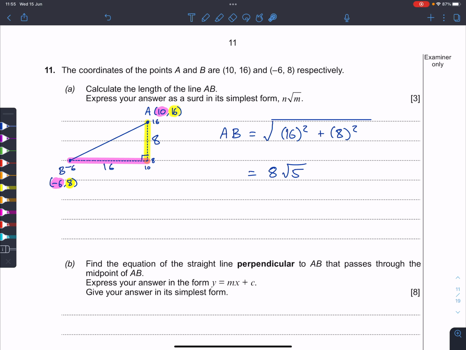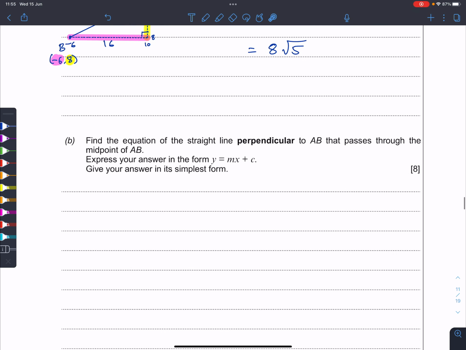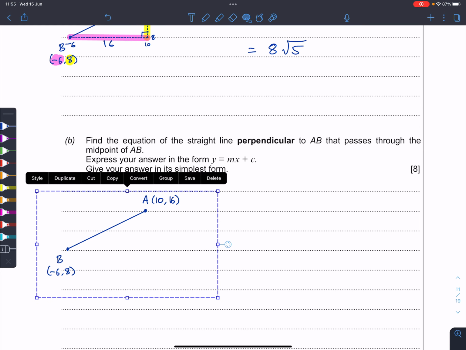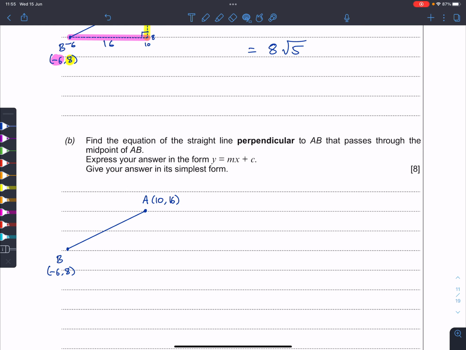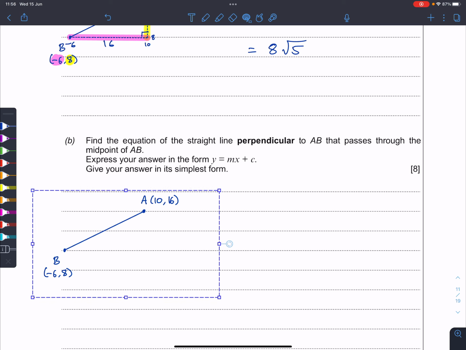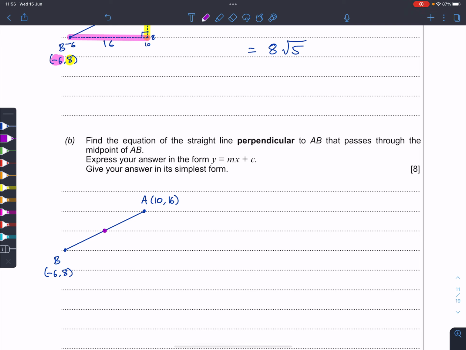Okay, let's take my initial diagram again. There we go. We want a line that's perpendicular to this, that goes through this midpoint here. Let's call it M. So my line has to be perpendicular to this.